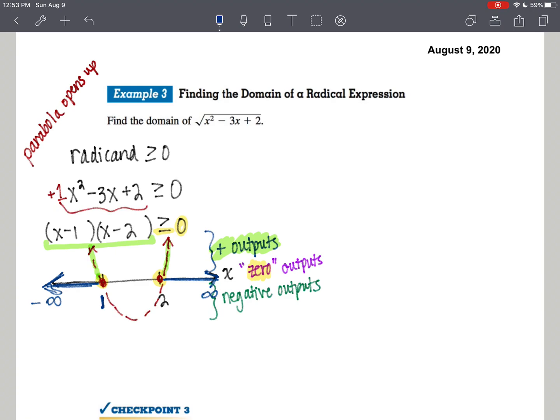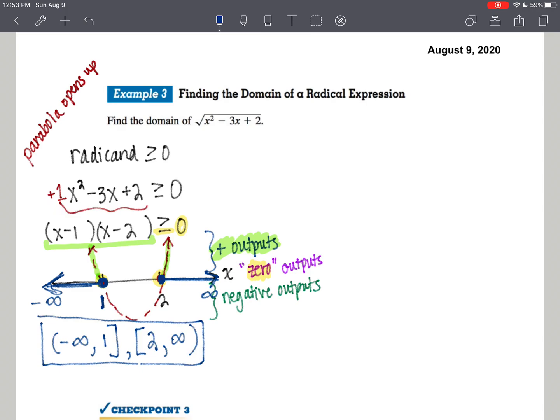So my answer here is negative infinity to 1 with a bracket, because 1 is included, union with 2 to infinity.